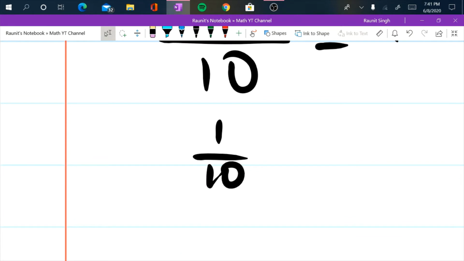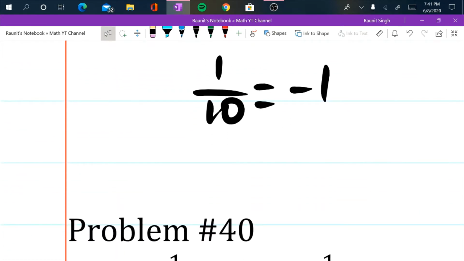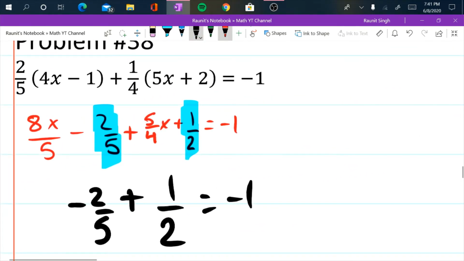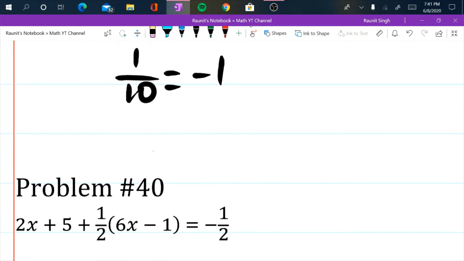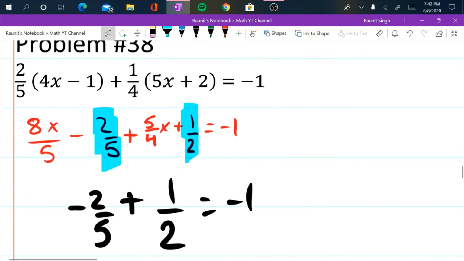And then reciprocal, oh wait, I need to do the -1. And then you multiply the reciprocal, and then you get -10. So then we can plug that in our equation, and we get, oh wait, actually we cannot multiply it. All we just get is 1 over 10. That's the max we can do for now.